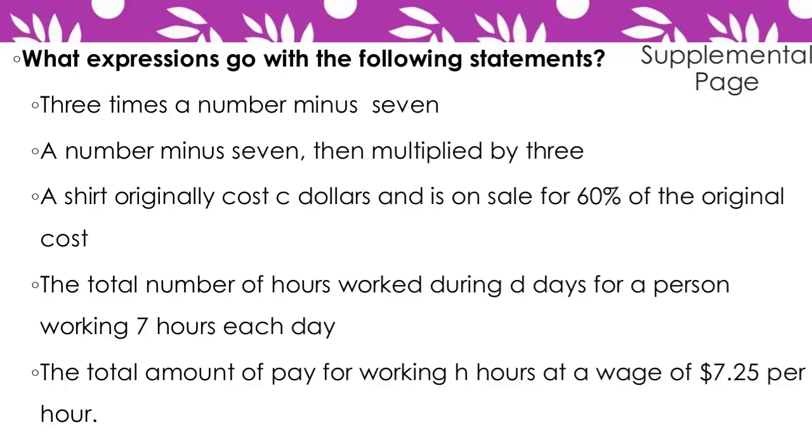Okay, after today. All right, see if you can write down. Did I get an extra one? Okay. These expressions. 3 times a number minus 7. What would you write down as that expression? 3 times a number minus 7.